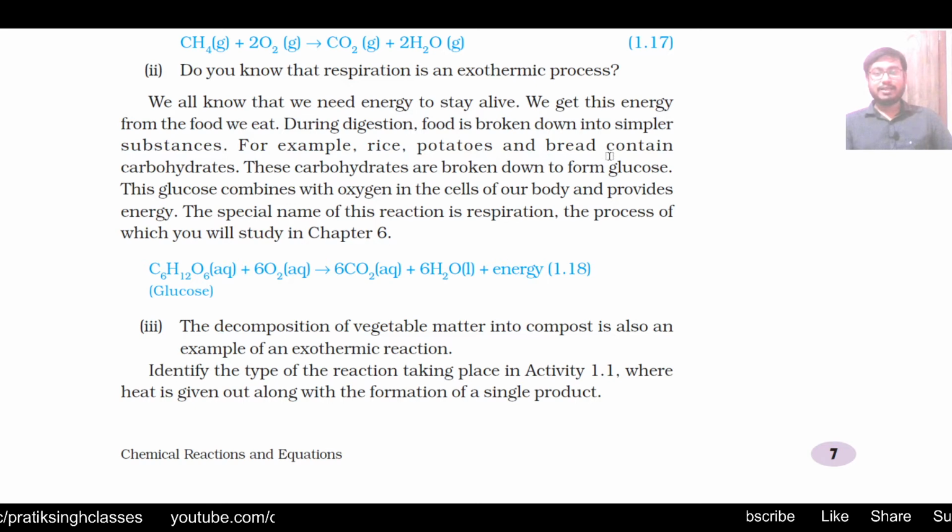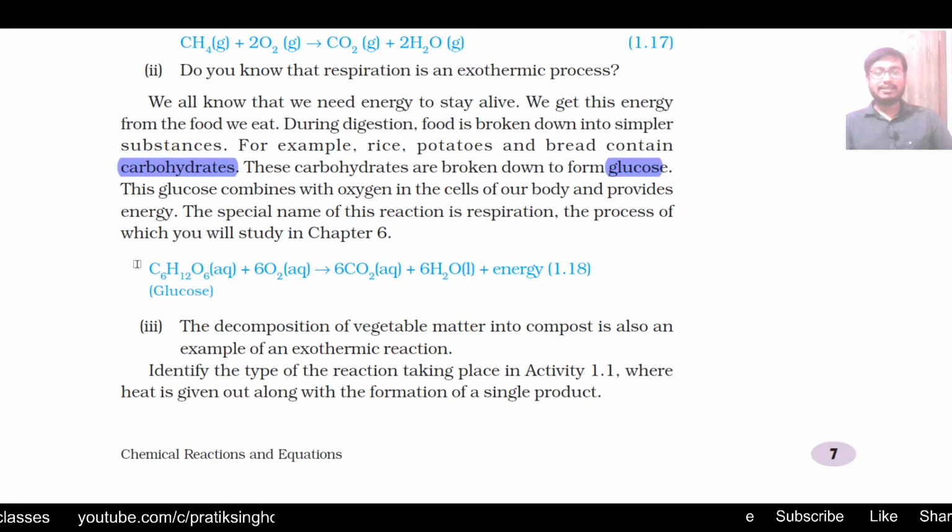Rice, potatoes and bread contain carbohydrates. When we eat and chew them, during our digestion process, they are broken down into glucose. Further, this glucose reacts with oxygen and gives a huge amount of energy, with water and carbon dioxide also.